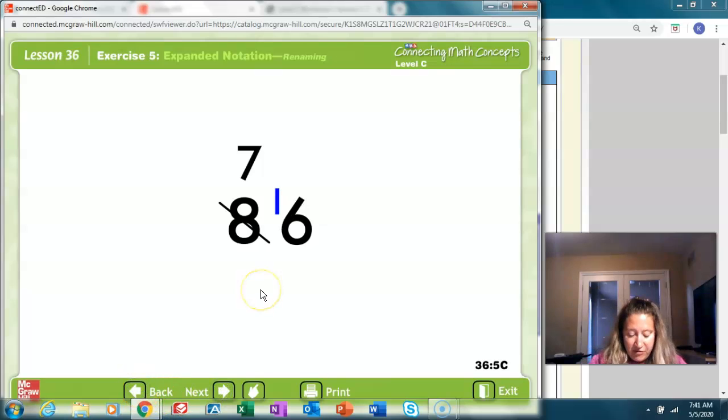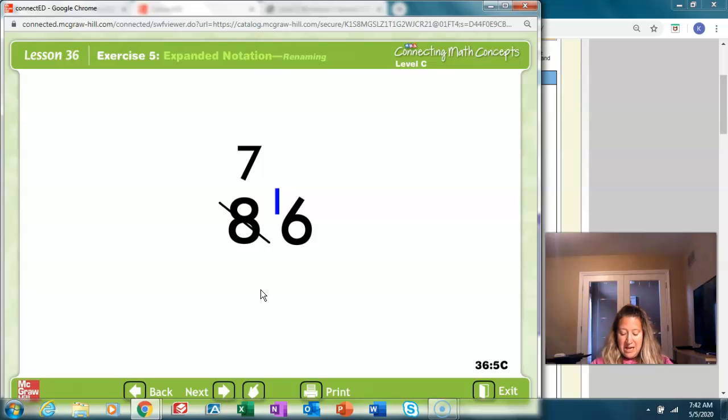Okay, find your workbook part 3, and you're going to write the new place value fact for these numbers. So touch A. What number? 83. So are you going to cross out the 8, or are you going to cross out the 3? You're going to cross out the 8, right?